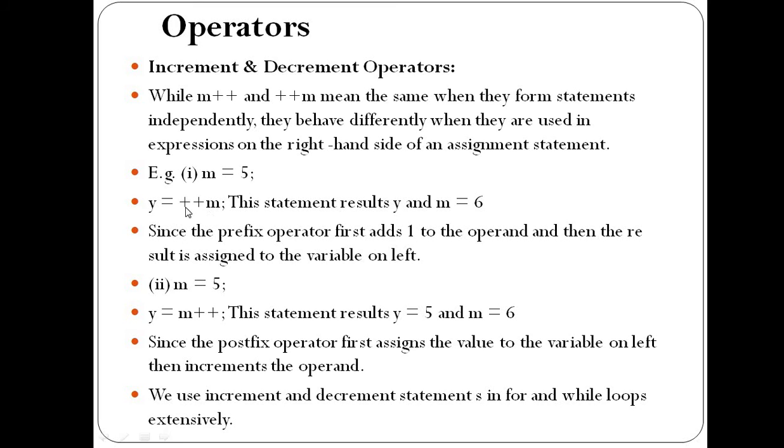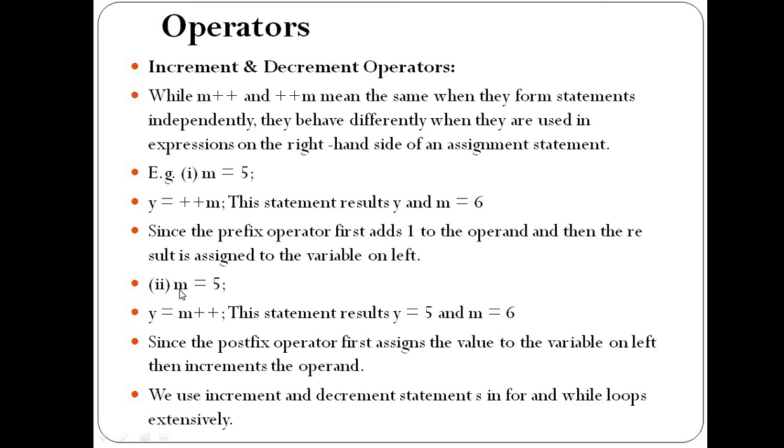After execution of these statements, both y and m have the same value, that is 6. Since the prefix operator first adds 1 to the operand and then the result is assigned to the variable on the left, prefix first adds 1 and then assigns the value to the left hand side.